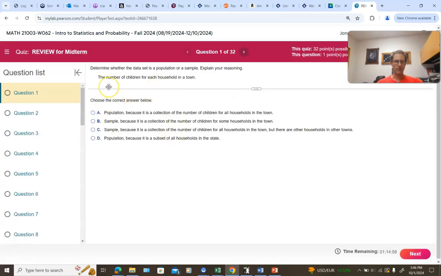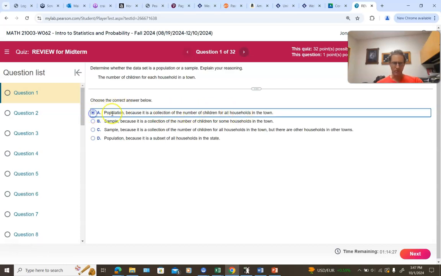Okay, so question 1, it says, determine whether the data set is a population or a sample, and then explain your reasoning. It says the number of children for each household in a town. I think that this is a population, okay, and I think it's because of this word right here, the number of children of each household in a town, okay.